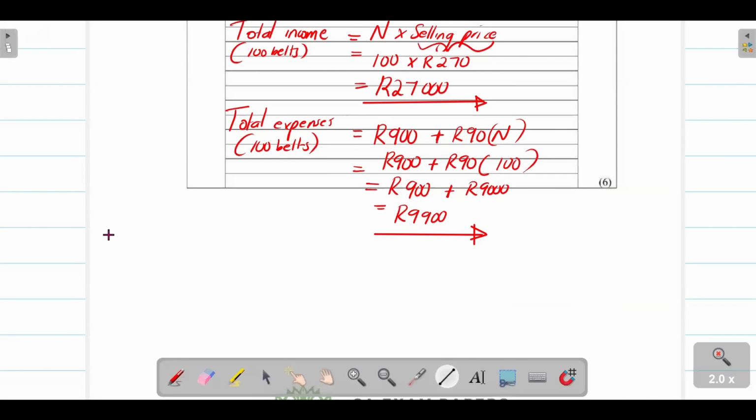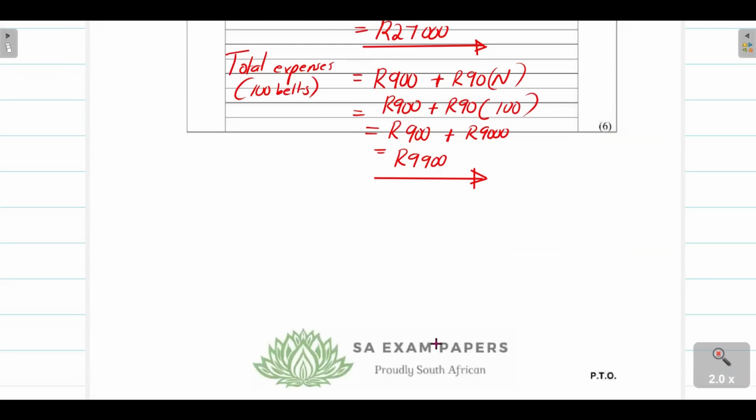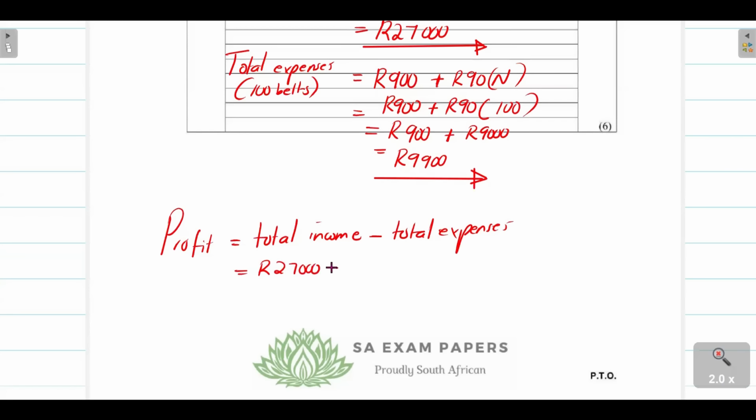Now, all that we need to do is calculate the profit. Remember, to get the profit, which is what the question is asking us to do, you need to take the total income and minus total expenses. In this case, the total income was 27,000 minus total expenses, 9,900.